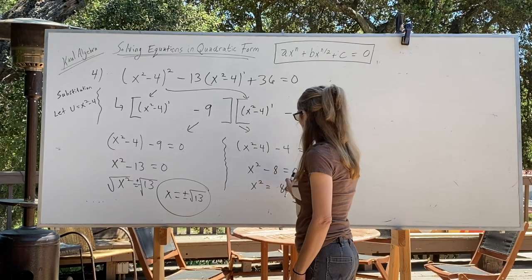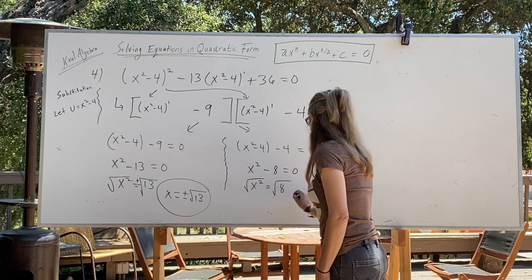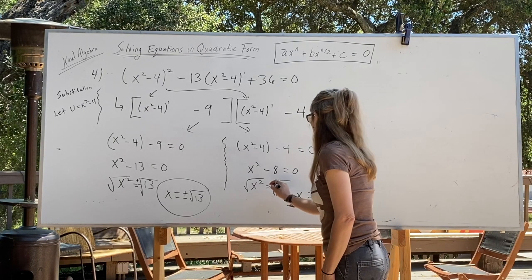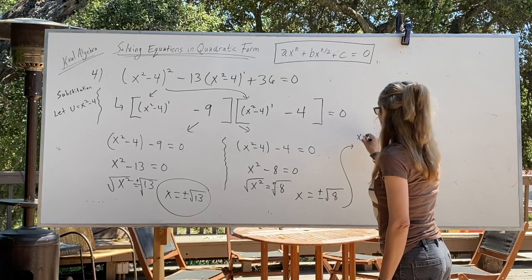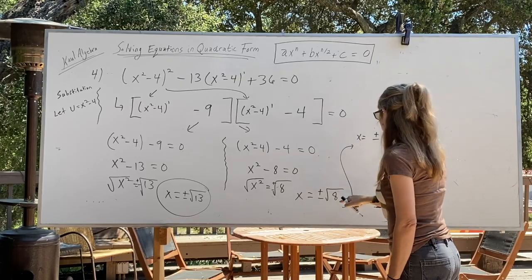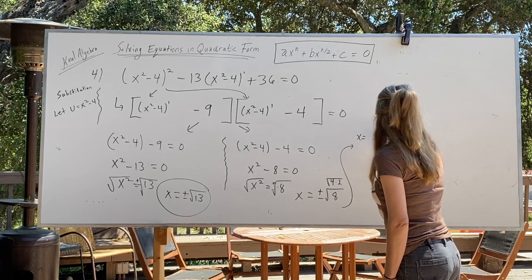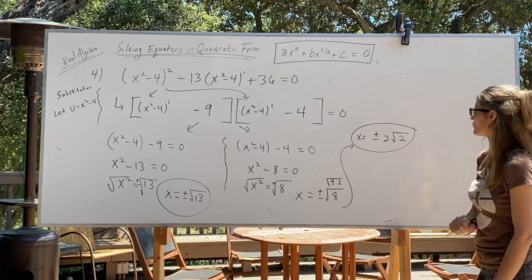First I bring the 8 over, take the square root of both sides, and I get x equals plus or minus the square root of 8, which, as we know, simplifies to x equals plus or minus, this is a 4 times 2, so 2 square roots of 2. And that's an acceptable format for my answer.